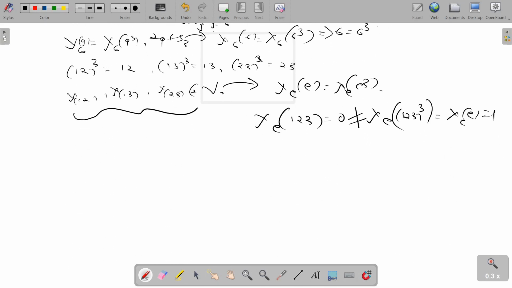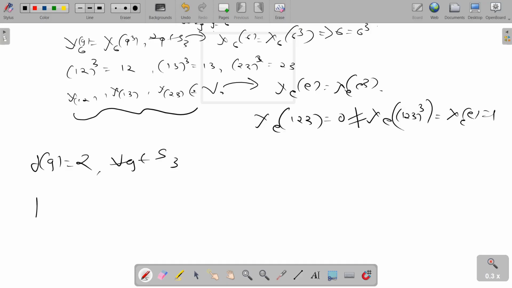But the thing is, this is where my friend helped me out. He said, suppose we take a constant function, let's say f(g) is 2 for all g belonging to S3, a real value. So this is a constant function. We can't write a constant function as a linear combination of chi 1 2, chi 1 3, chi 2 3.